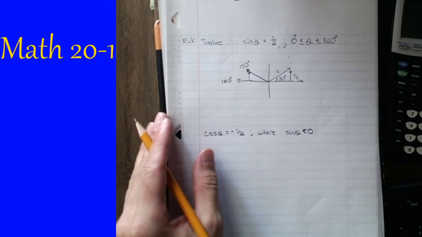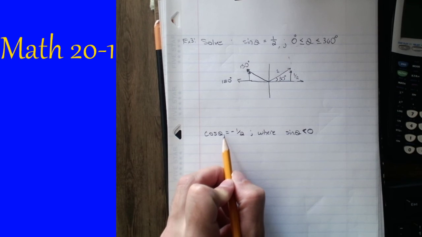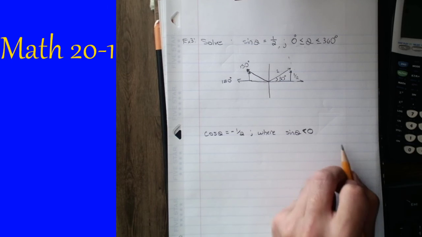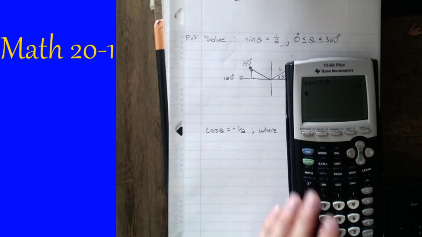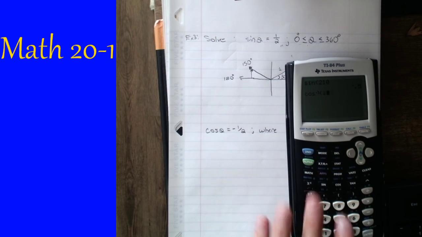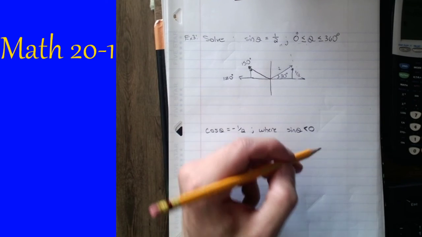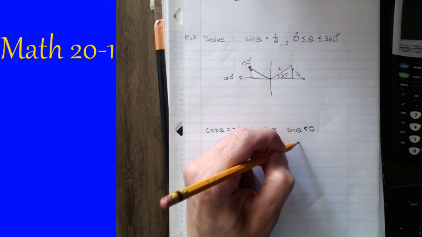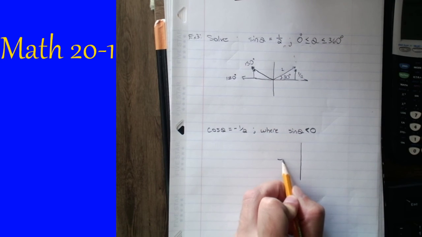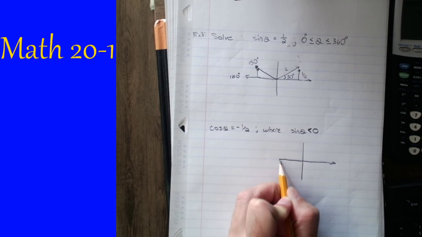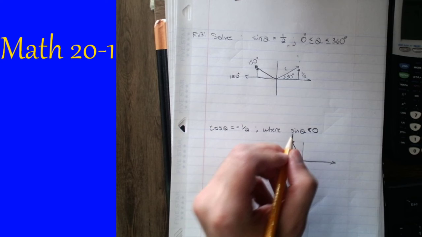So what I can do is go from my reference angles. And also you can use your calculator to help. If I inverse cosine, I'm going to get 60. And so 60 degrees would be my reference angle, so it'd be up from 180. So I should have 120 degrees here.